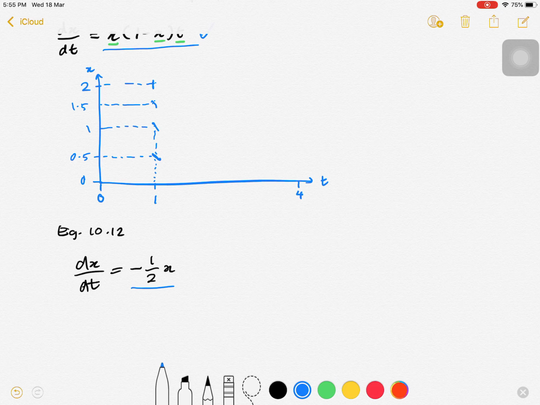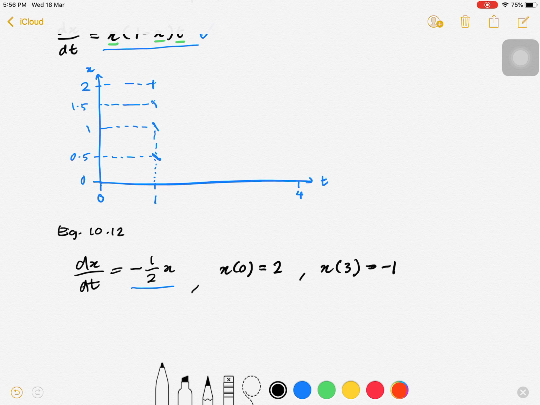The boundary condition given in the example is x(0) equal to 2, and there is also another boundary condition for another line, which is x(3) equal to -1.